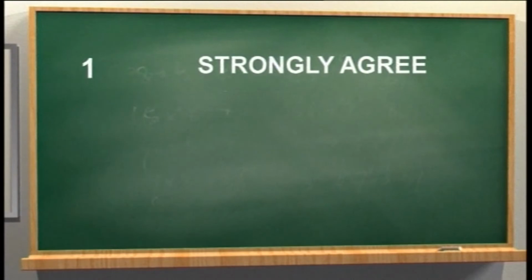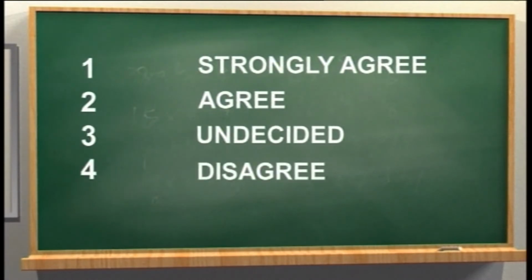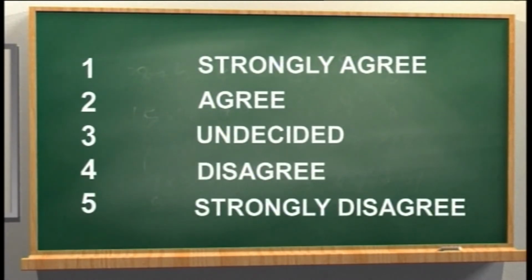One way to do this, which I think is the easiest way, is to start with 1 and use as many numbers as you need. So, the coding becomes 1 for strongly agree, 2 for agree, 3 for undecided, 4 for disagree, and 5 for strongly disagree. These are entirely arbitrary.